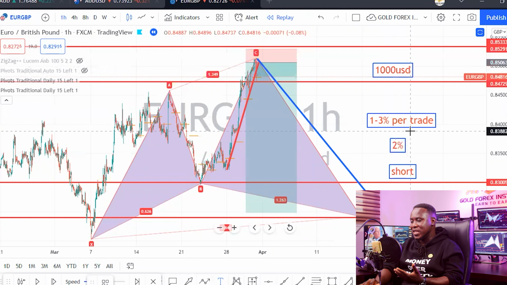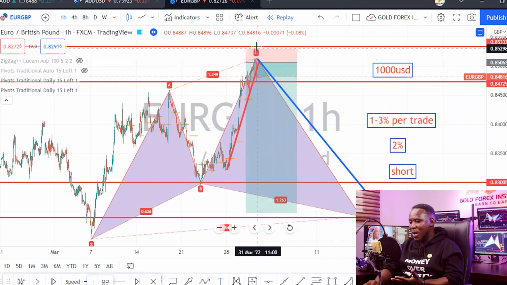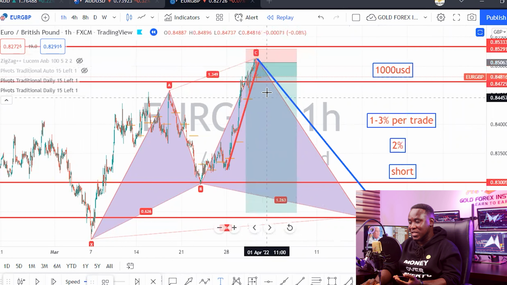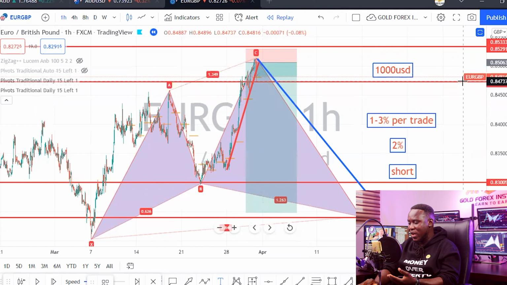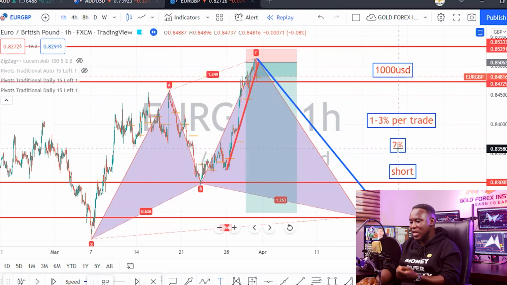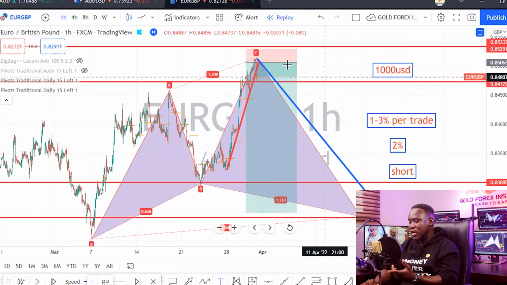With this information, you can see that we have our stop loss above the C. This is a typical STR strategy, and we have our stop loss above the C of the shark pattern over here. Now, our entry price is over here. So, the information that we need is our account balance, the 2% which we are willing to risk per trade on this pair, which is the euro pound. Then we have our entry price.